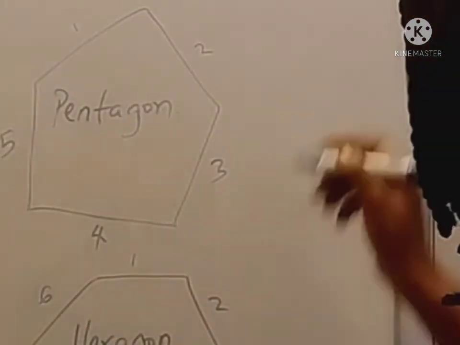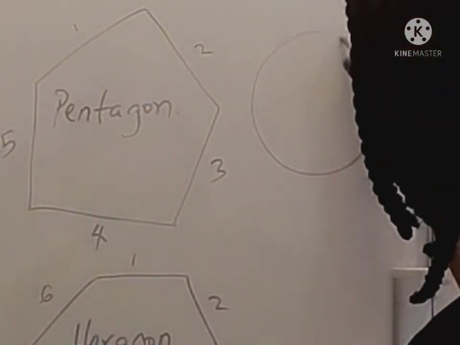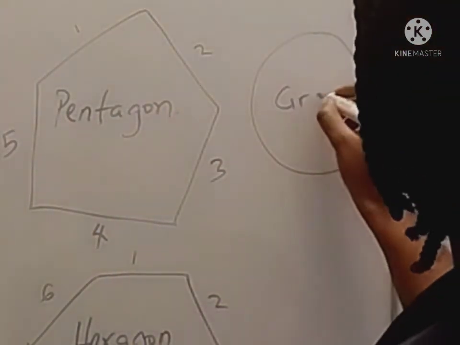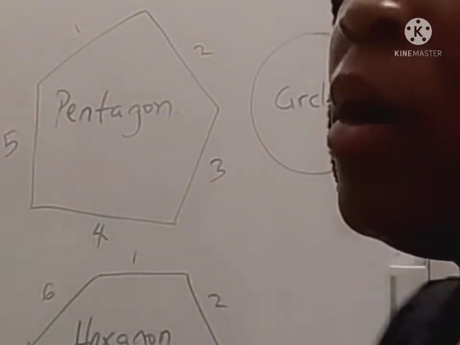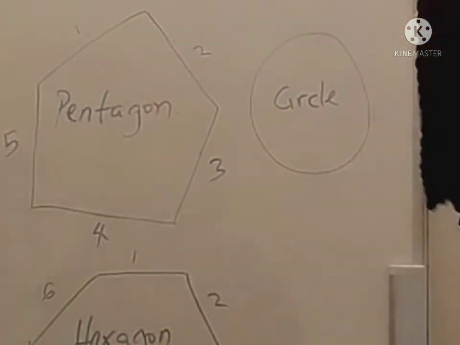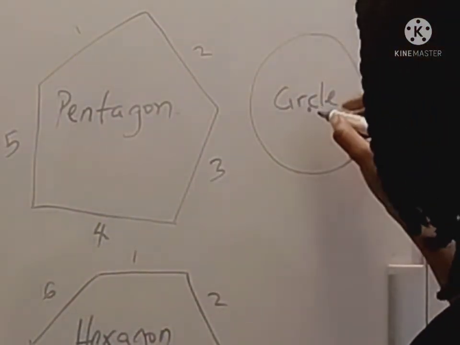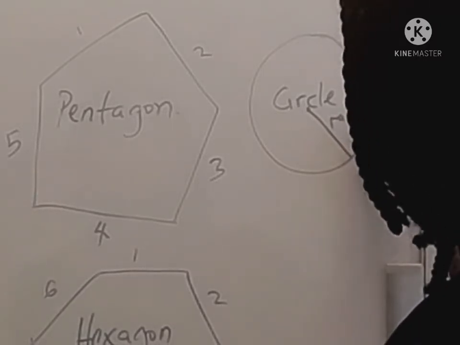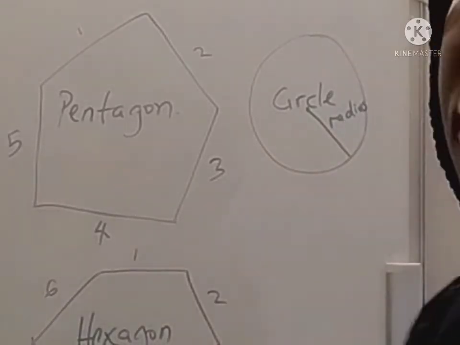This is a circle. The circle is round. We all know what a circle is. A circle is a round shape. From the center of the circle to the side of the circle, we have the radius. It's called its radius.